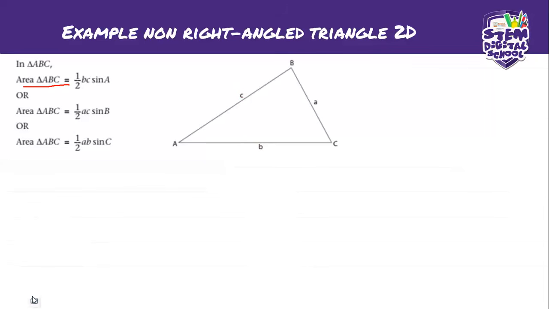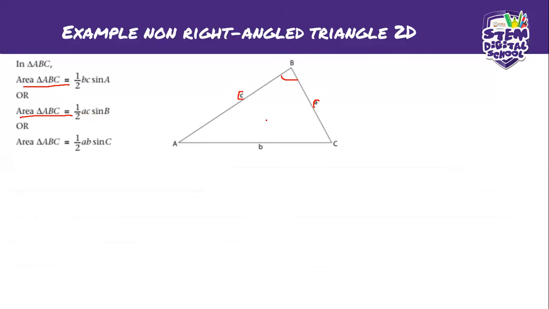Let's move to the next one, where it says area equals 1/2 ac sine angle B. Now in this case, if we have to use this one, surely you must have angle B here, and you must have this side a, and also the side c.